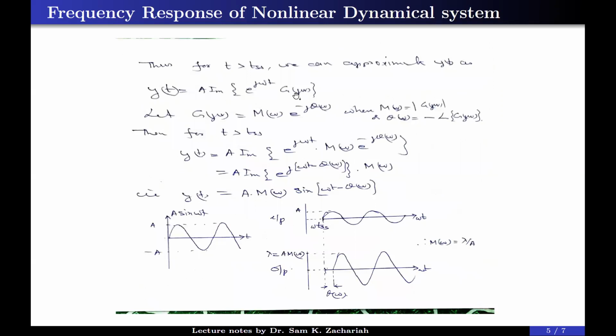Now, g of j omega is a complex number. So you can always say g of j omega is equal to m omega into e raised to minus j theta omega. That is the magnitude argument form, where m omega is the magnitude of g of j omega and theta omega is the minus of the argument of g of j omega.